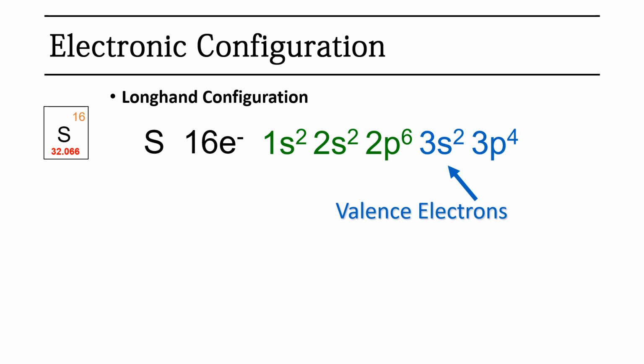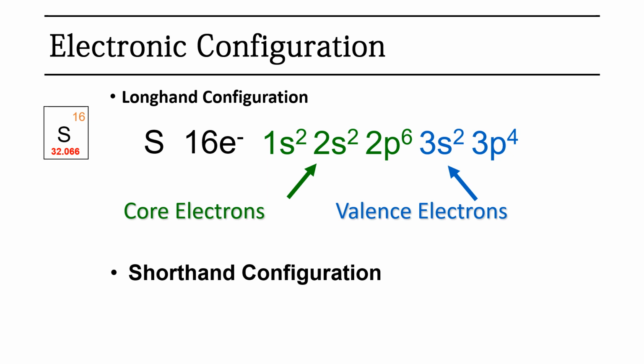So we can write down these valence electrons separately, and the other part, 1s2, 2s2 and 2p6, is the electronic configuration of neon. So we can write this core electron part as the neon configuration.